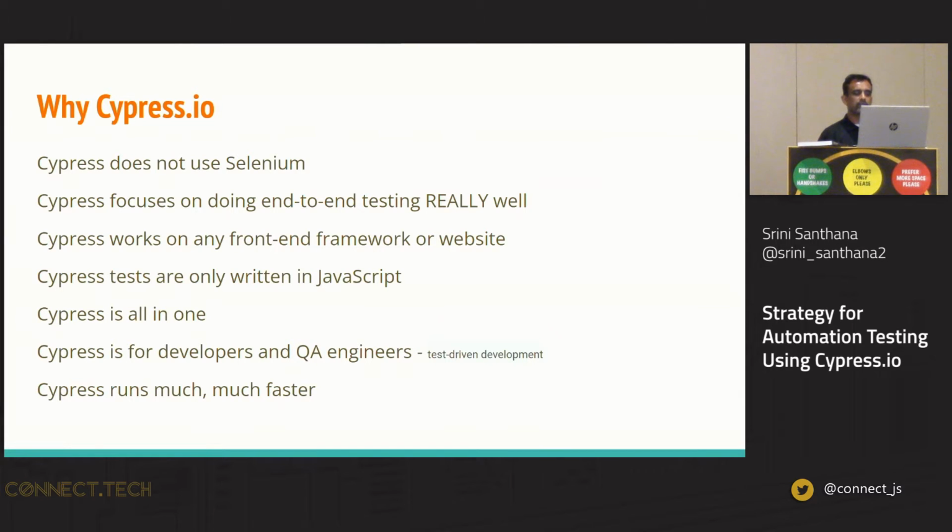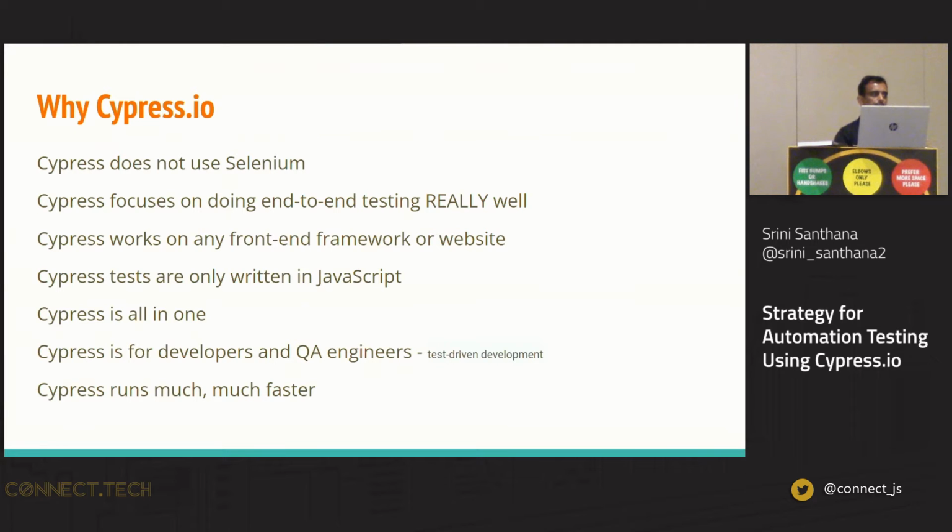Cypress is for developers and QA engineers, test-driven development. Earlier, we had special automation engineers who were very good at writing these Selenium scripts. Here, the responsibility is blending into the developers, because they are already JavaScript developers, they already know JavaScript, and they can write Cypress in JavaScript.